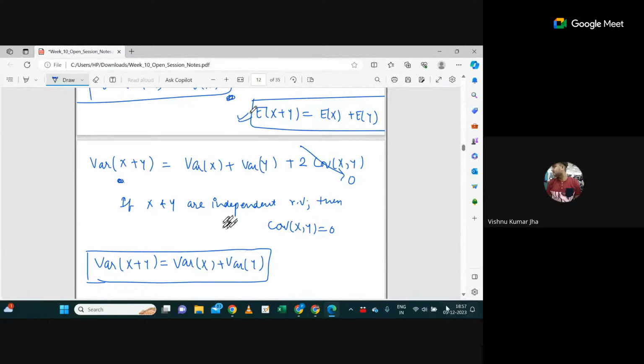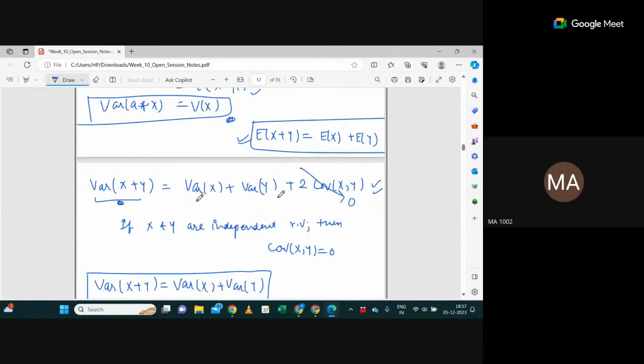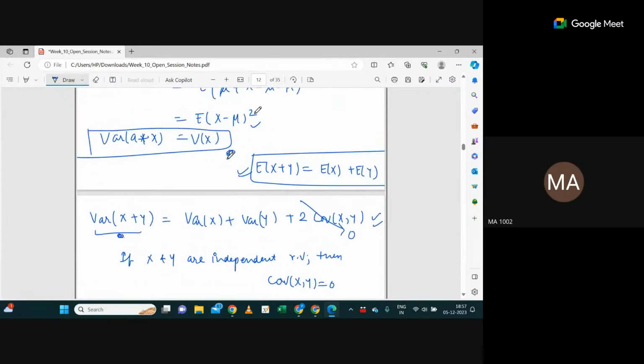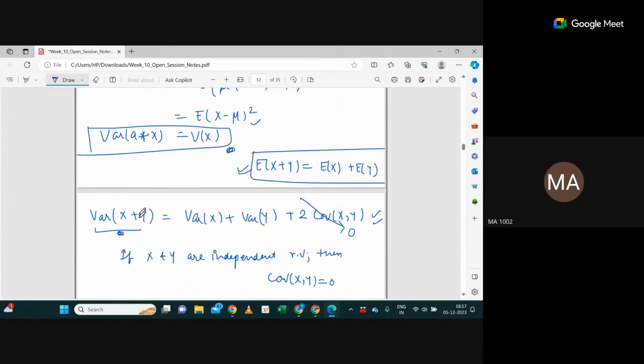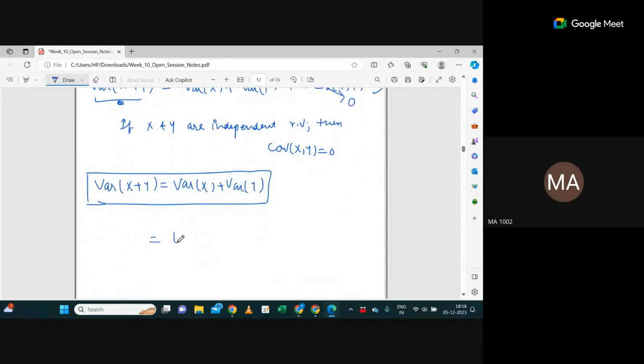Sir, can you please repeat how you got two times covariance of x comma y? We are not going into the derivation, I'm just giving you the explanation. If you find the variance of x plus y by this formula, it will be the expected value of (x plus y) whole square minus the expected value of x plus y whole square.